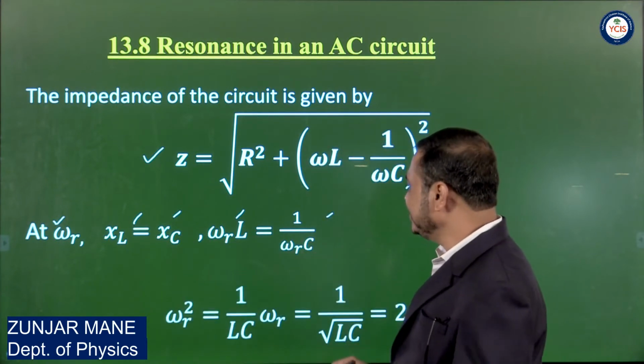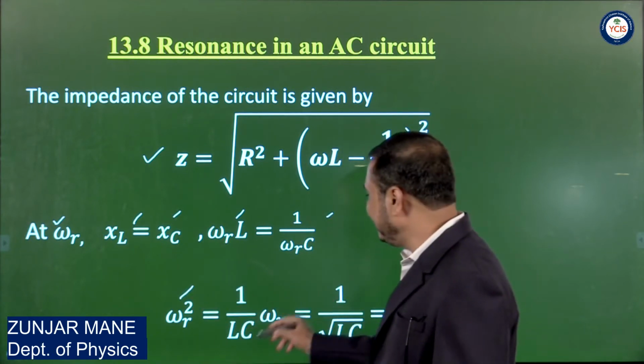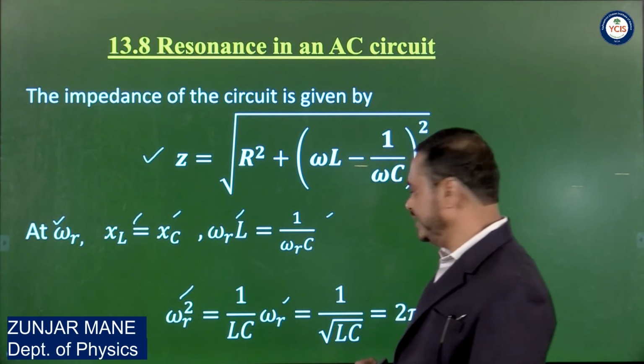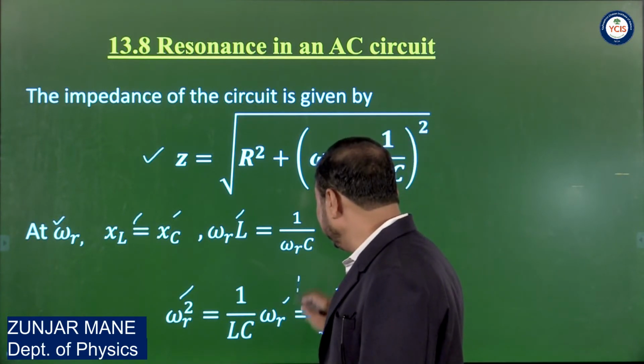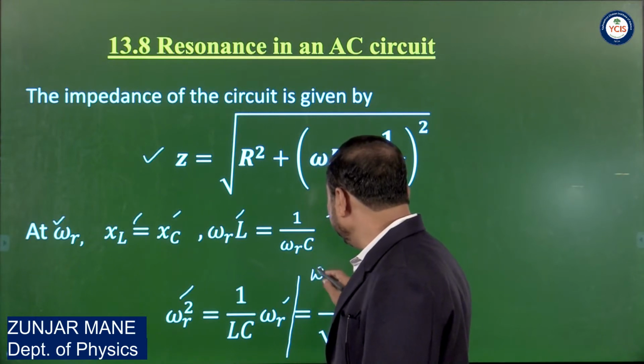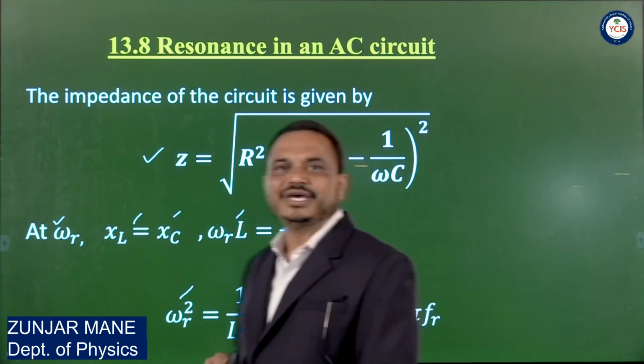Then from this equation we have omega square equal to 1 upon LC. If we take the square root, we get the expression for omega R, which is 1 upon under root LC.